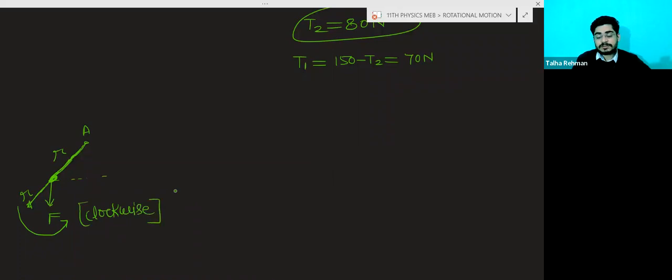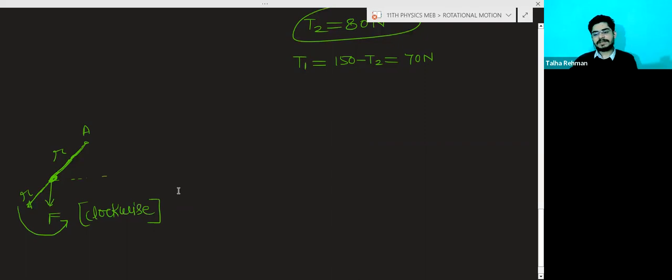But this is not the exact direction of the torque. Remember, torque is an axial vector, so the direction of the torque will be along the axis. But for deciding whether it is negative or positive, for the equilibrium condition, we take clockwise or anti-clockwise.